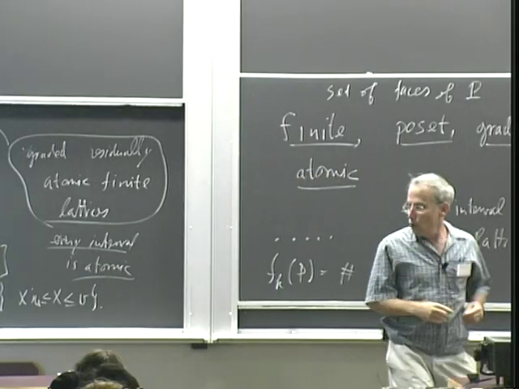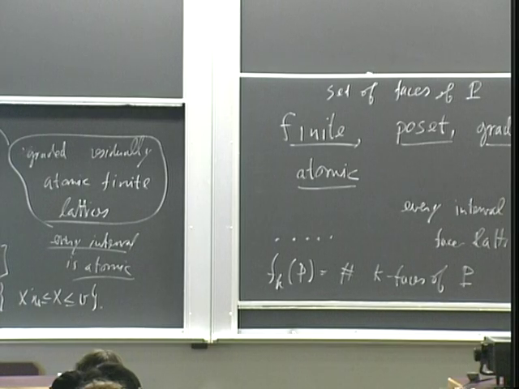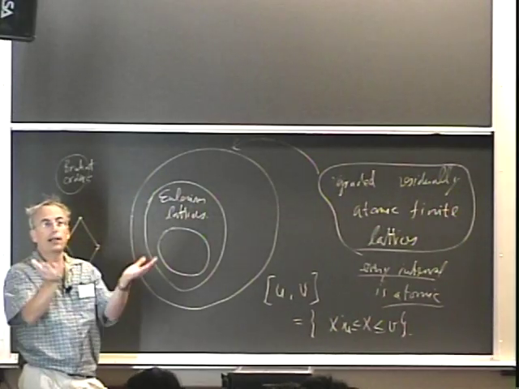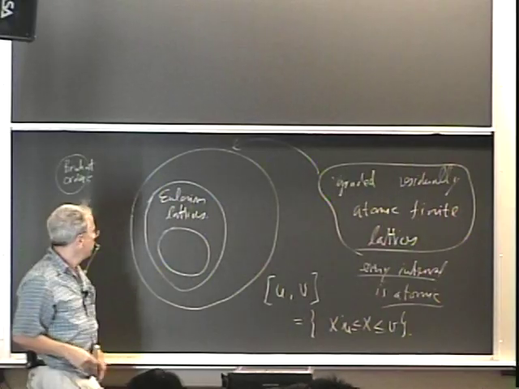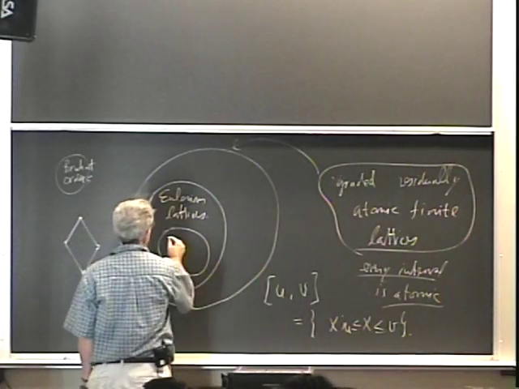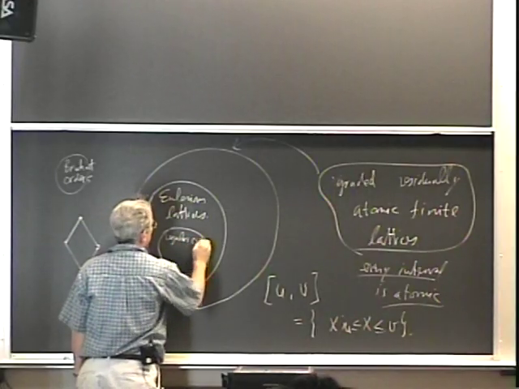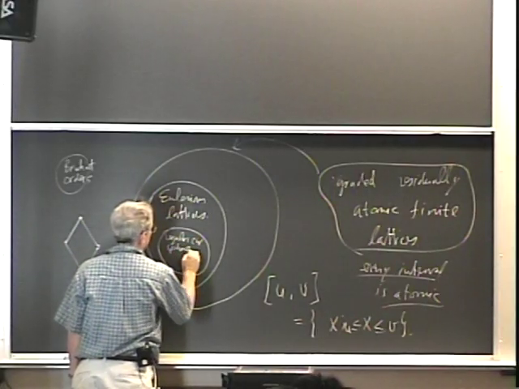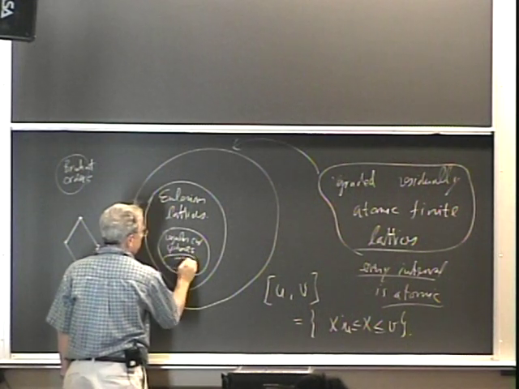Okay, so actually they're not only Eulerian lattices, but if we ignore the maximal face, then we get something which topologically is like a sphere. So inside the Eulerian lattices there are the regular CW spheres. And inside there are polyhedral spheres.